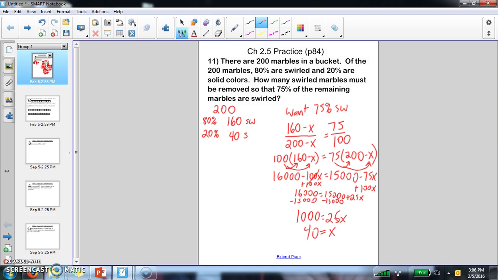So that means I remove 40 swirled. So now I have 120 swirled, and I'll have 40 solid. And if I checked it, 120 divided by the total, which is now 160, would give me 75%. So that's the first problem.